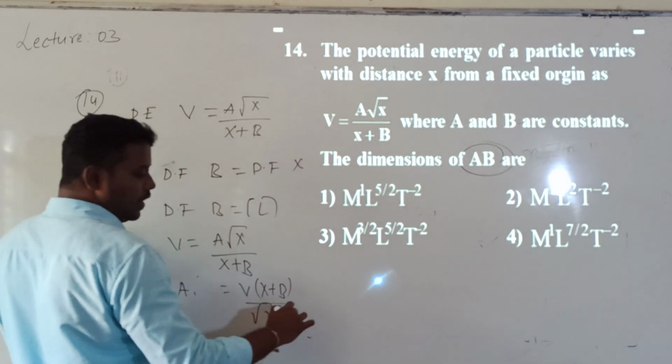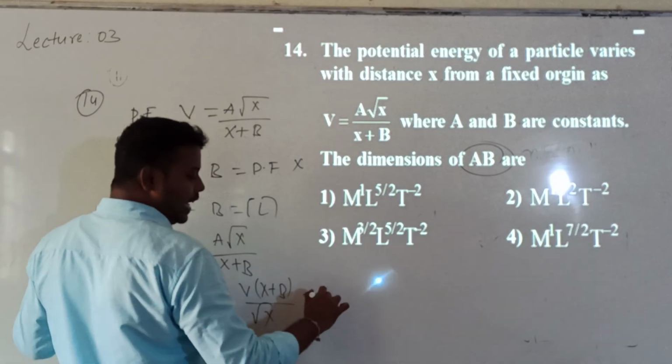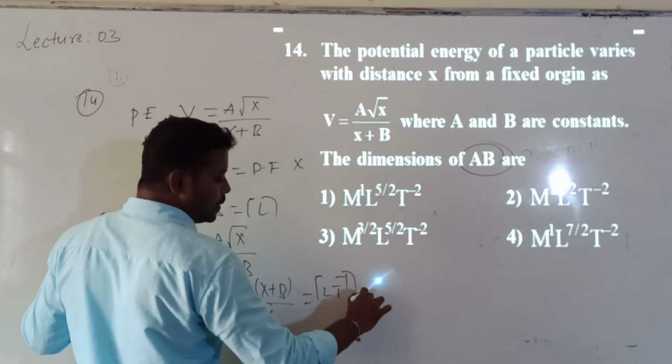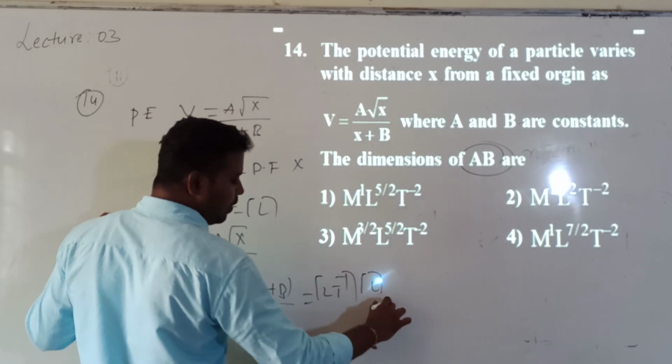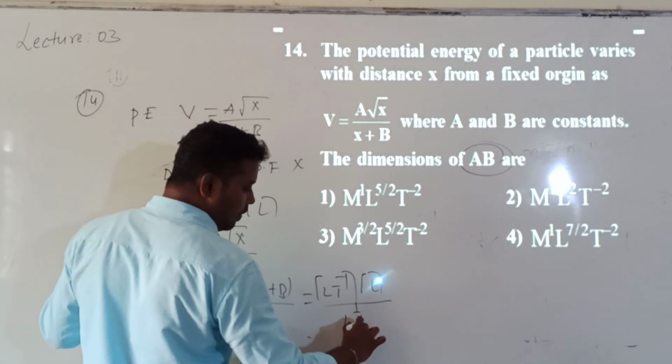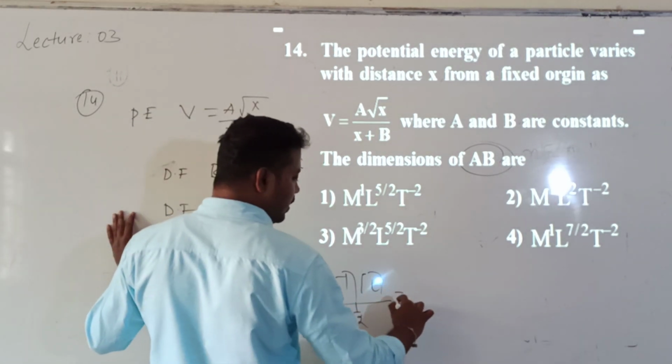Now you write the dimensional formulas. V dimensional formula L into T power minus 1, x plus b dimensional formula L only, by root x dimensional formula. Root x means L power 1 by 2. So what will I get here?